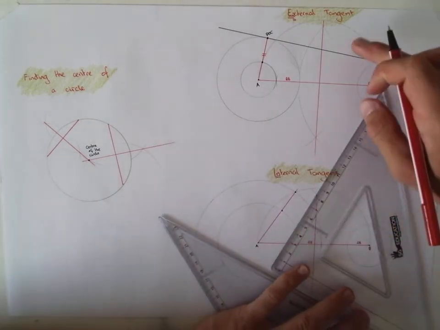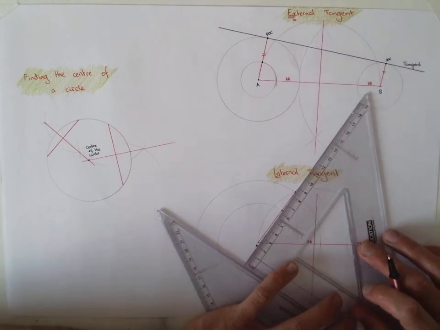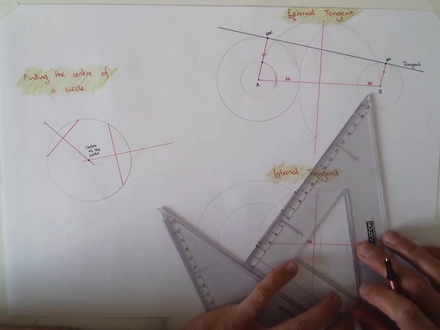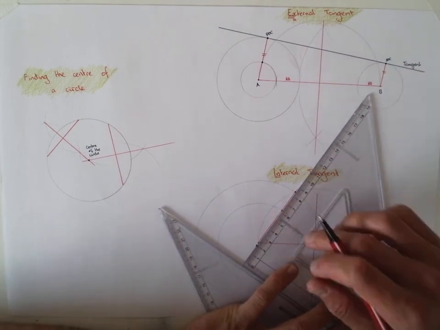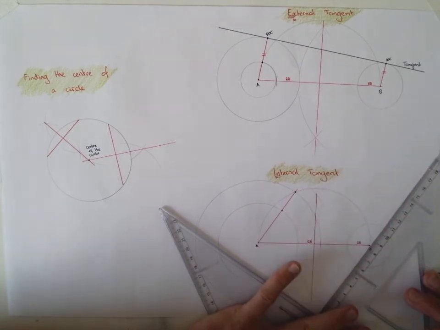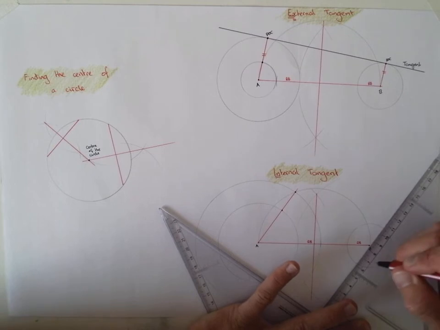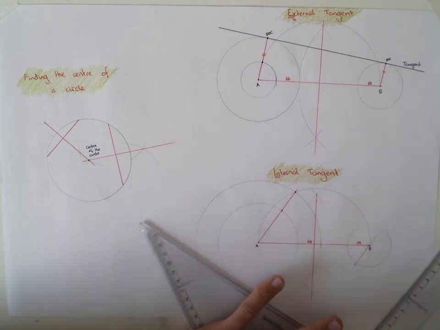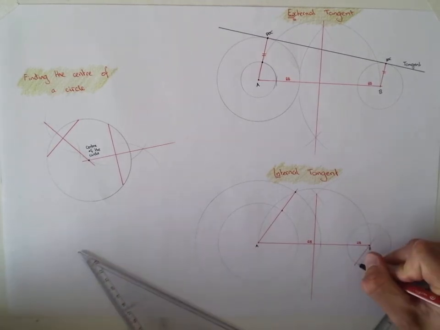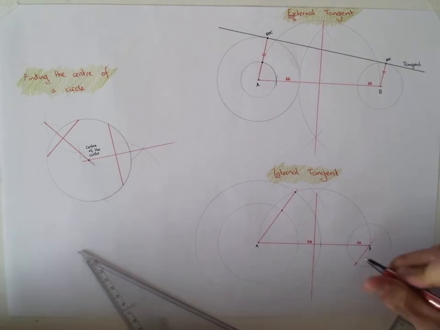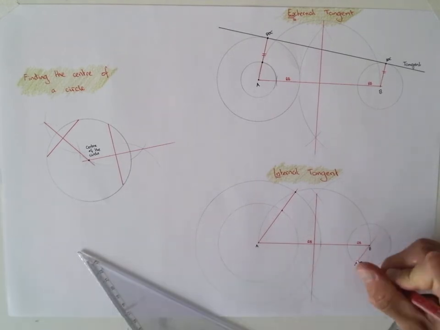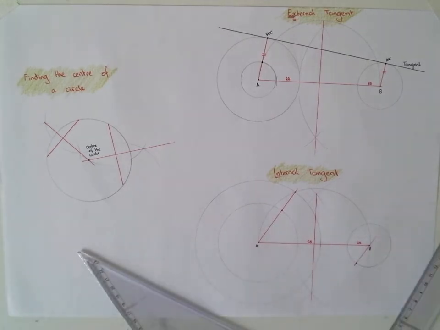You want to do similarly to what we did up here with sliding set squares and the parallel lines. You want to bring that line again parallel, using train tracks, sliding set squares, from the center B out, and where it intersects the outside of the circle, that is a point of contact.